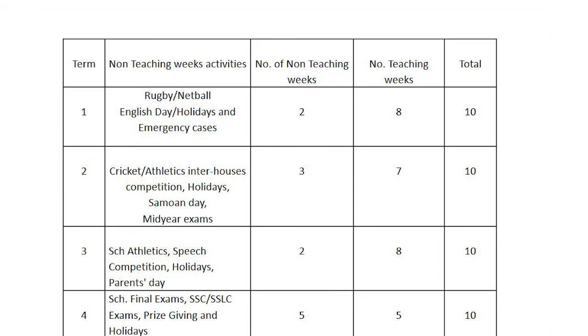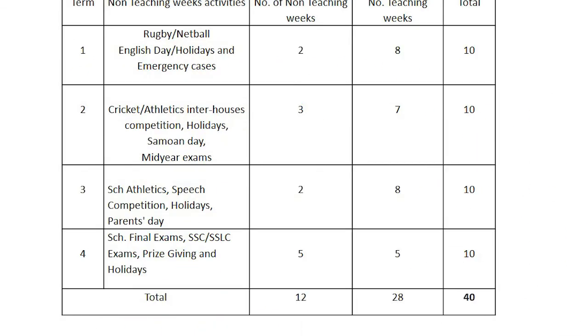So looking at the teaching weeks for each term: 8 teaching weeks out of 10 for the first term. Second term, 7 weeks out of 10, and the third one, 8 weeks out of 10, and the last one, 5 teaching weeks out of 10.